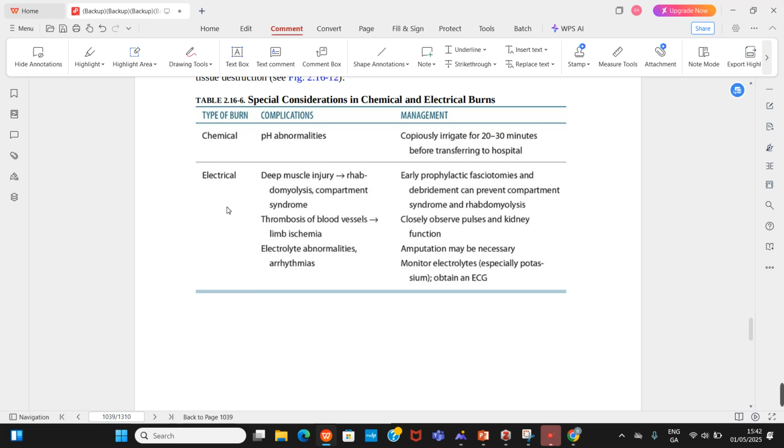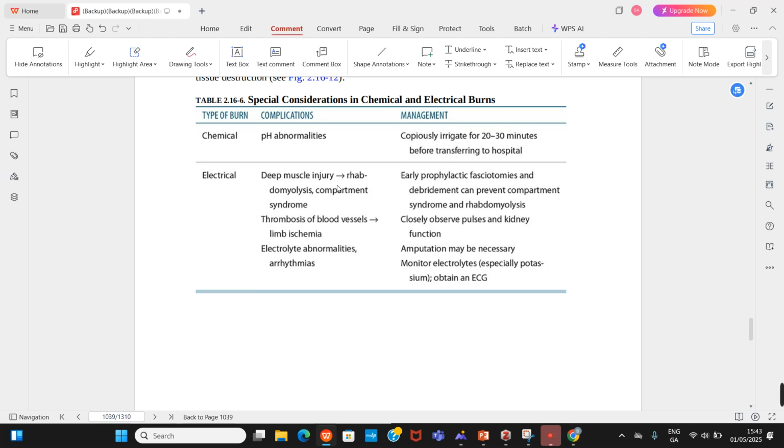The vessels too are not spared. But before we go to the vessels, the rhabdomyolysis is going to cause damage to the muscle, and there's going to be release of many electrolytes, particularly potassium. With damage to the muscle, there's going to be an inflammatory response, a lot of blood flow to that area, leading to compartment syndrome.